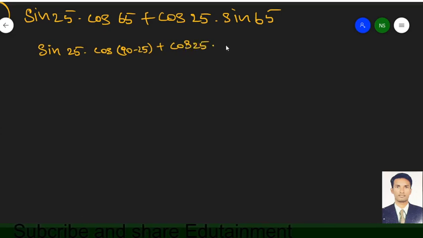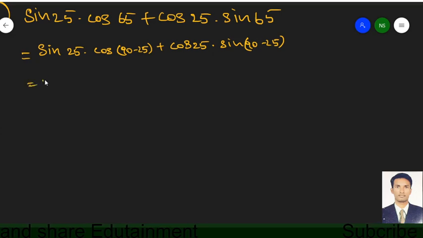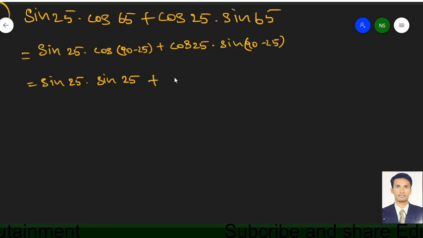The sine 65 can be written as sine 90 minus 25, so that we'll get here sine 25 into cos 90 minus A is sine A, so sine 25, plus cos 25 into sine 90 minus A is cos A, which is cos 25.